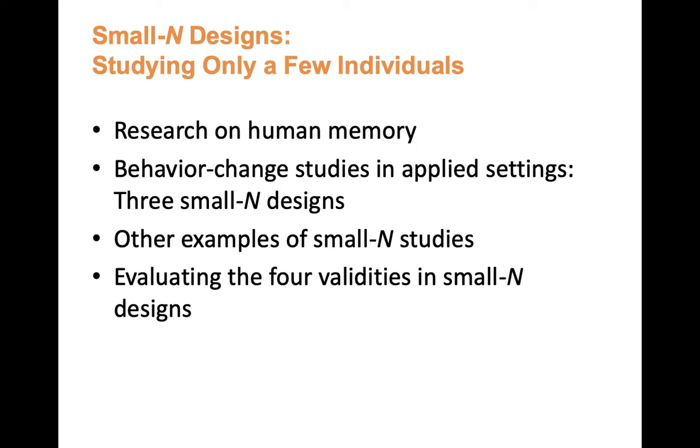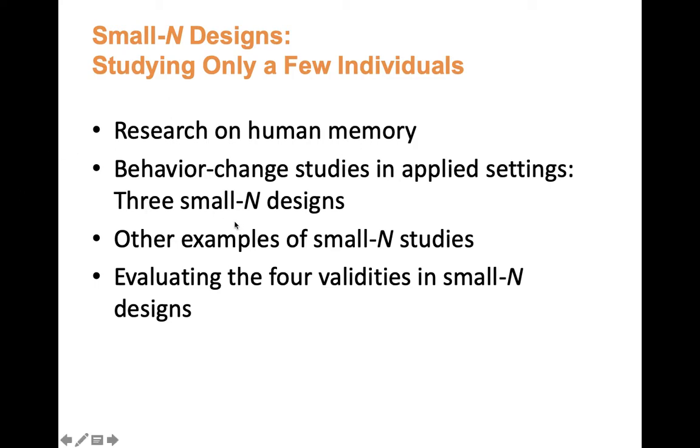For the rest of the lecture, I'm going to go over some examples of small n design. I'm going to follow the chapter and talk about a very famous patient in psychology in studying human memory, which is HM. I'll review how that small n design, really that case study, has been used to make conclusions about the different brain regions that are associated with memory.